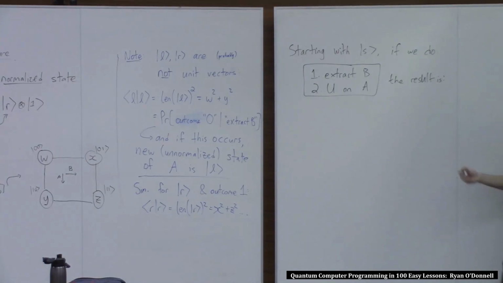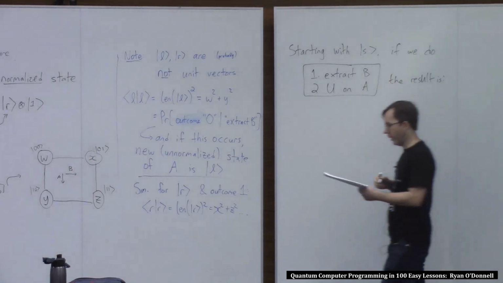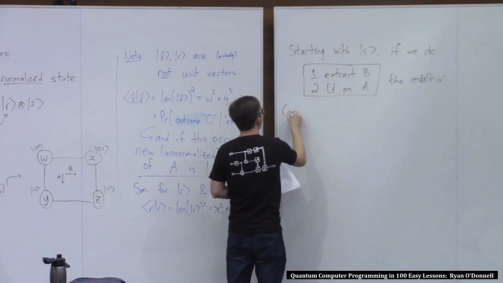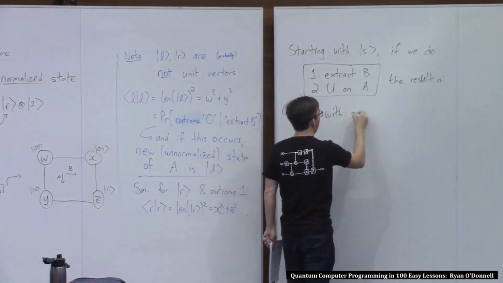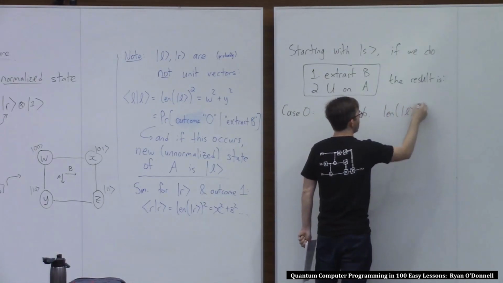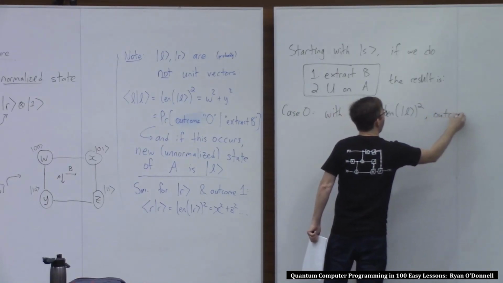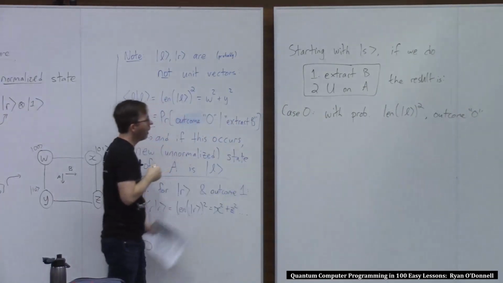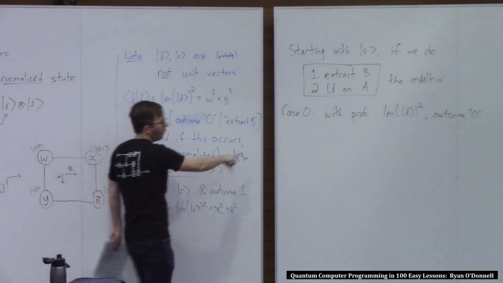Well, there are 2 cases. You have to split into cases based on what the outcome was for the extract operation. So case 0, one might say, is that with probability equal to the length of this cat L squared, you get 0 in line 1. And then the new state of A is cat L, and then we do U on that.